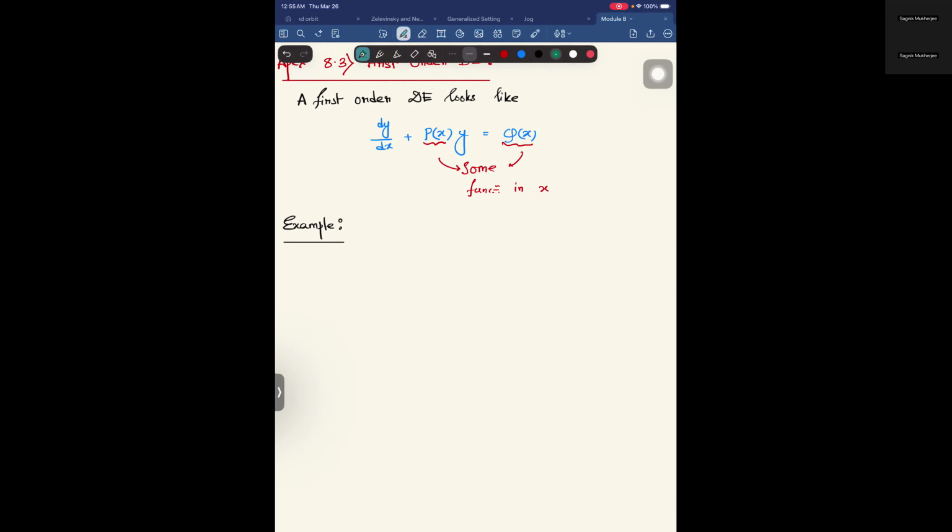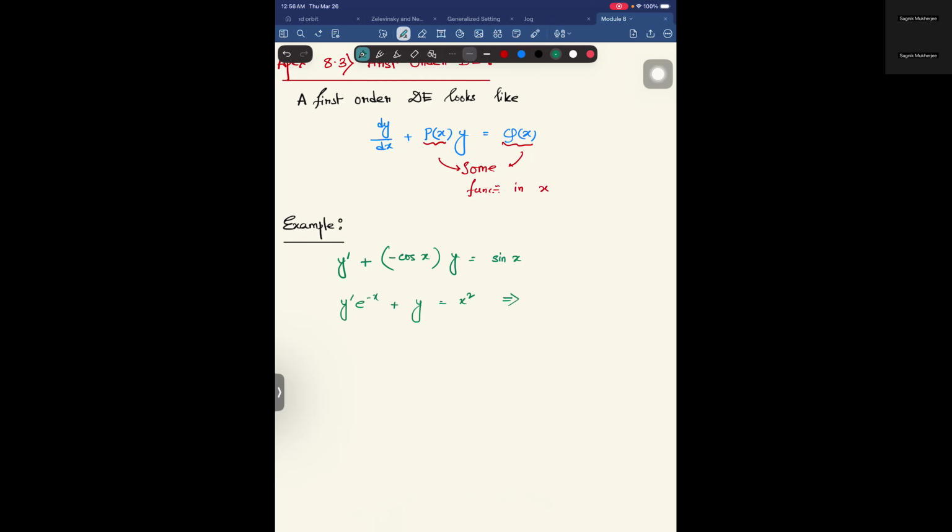So one example can be this one, y prime plus negative cosine x y equals sine x. Or sometimes we can write this equation in a bit convoluted way. So maybe I'm going to write it as y prime e power negative x plus y equals x squared.